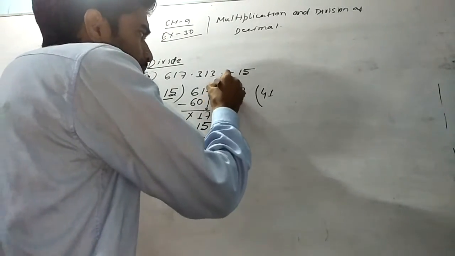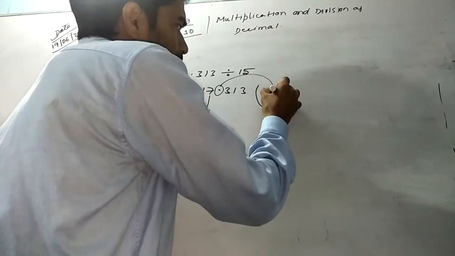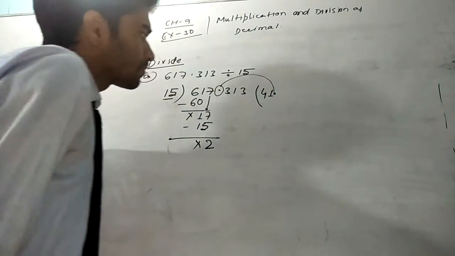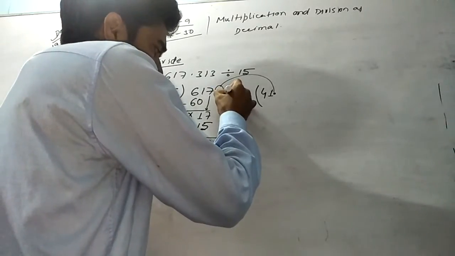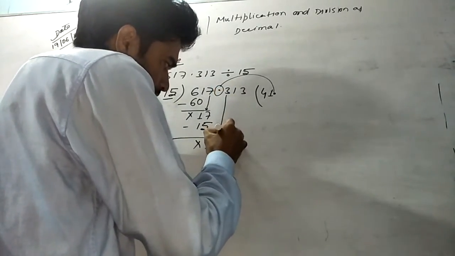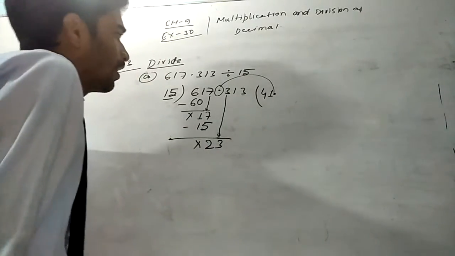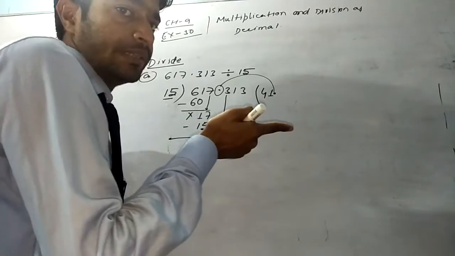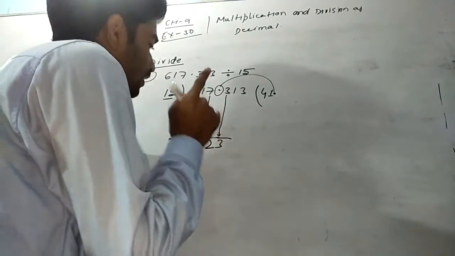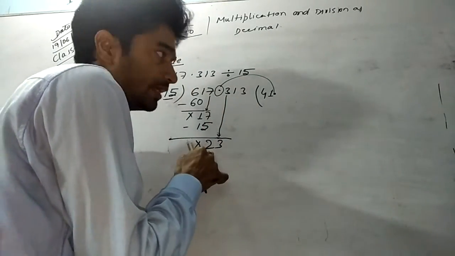The decimal point is placed here, and take this 3 here. 15 ones are 15, 15 twos are 30. So 30 is more than 23.